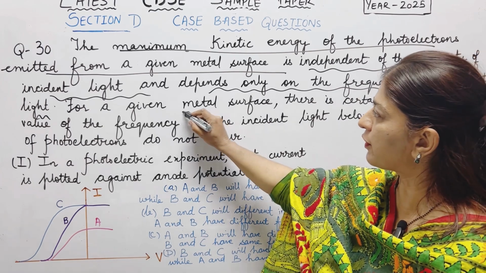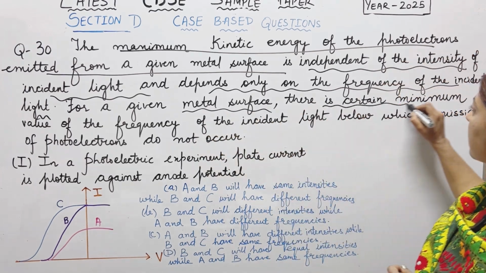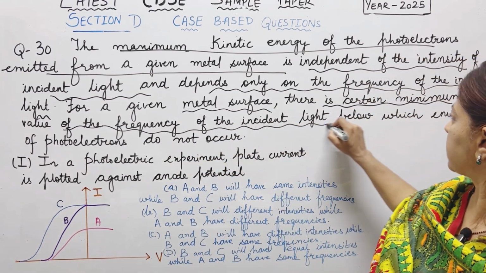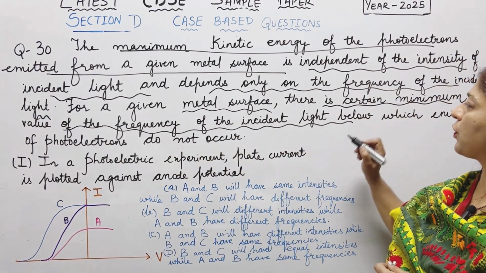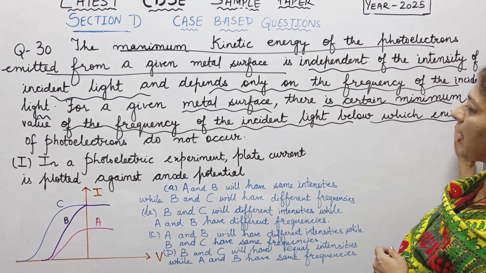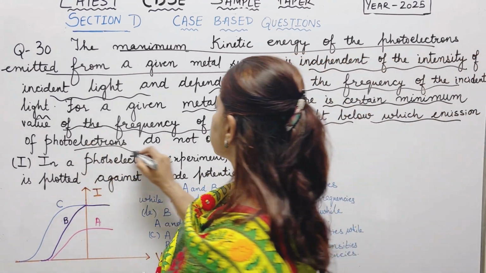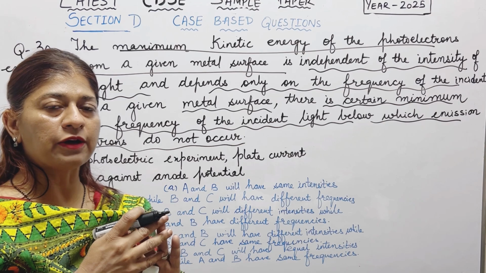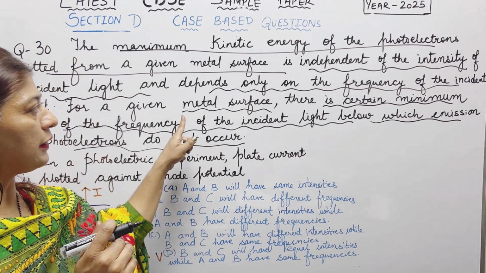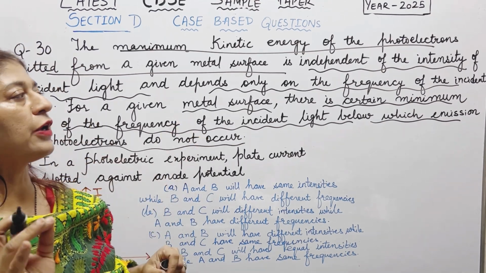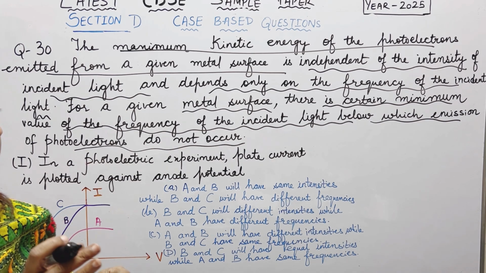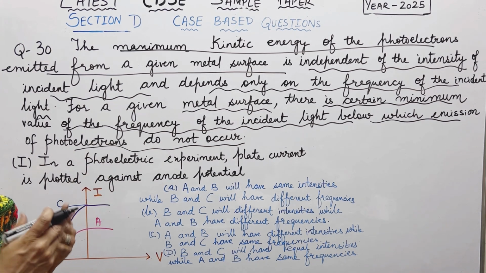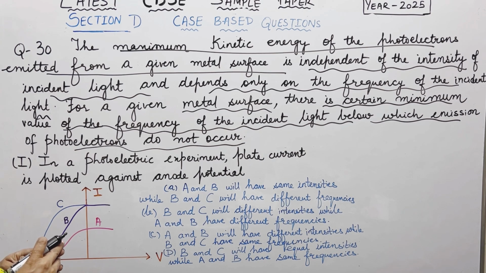For every metal surface there is a certain minimum value of the frequency of the incident light, the threshold frequency, below which emission of photoelectrons does not occur. Like fingerprints that differ from person to person, every metal has a different threshold frequency, a minimum frequency of incident light below which there won't be any emission of photoelectrons.